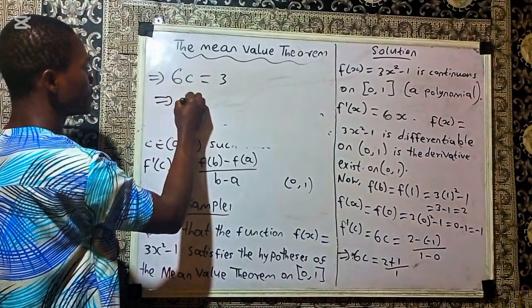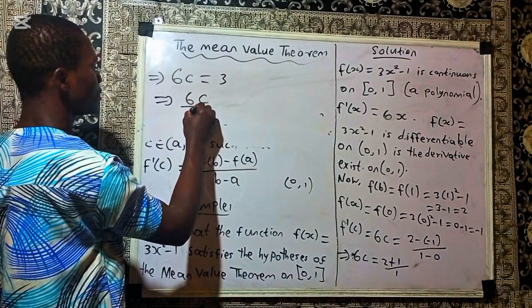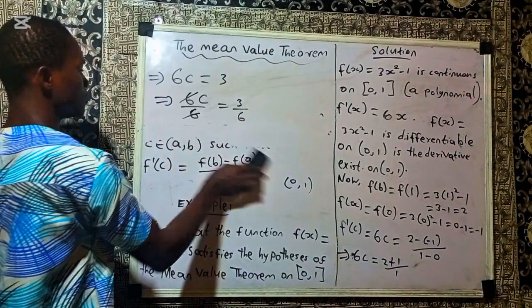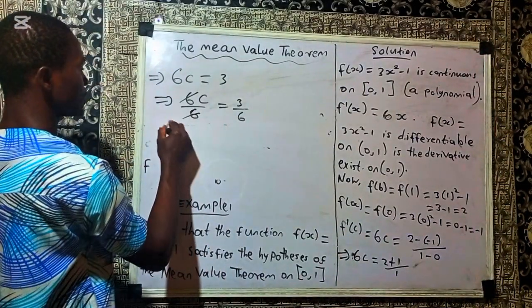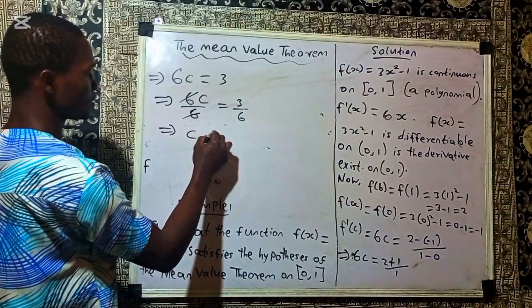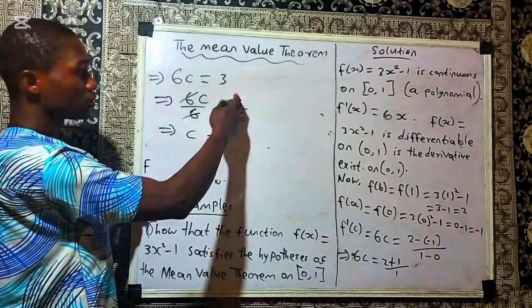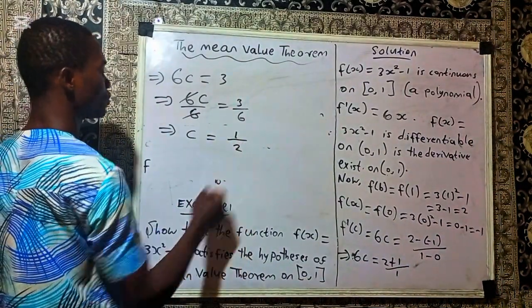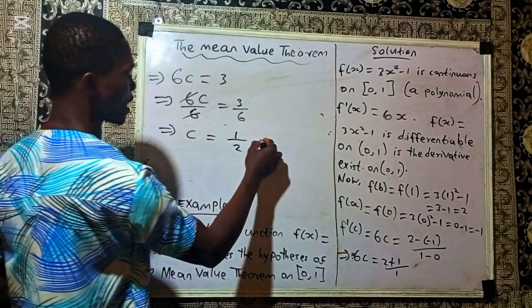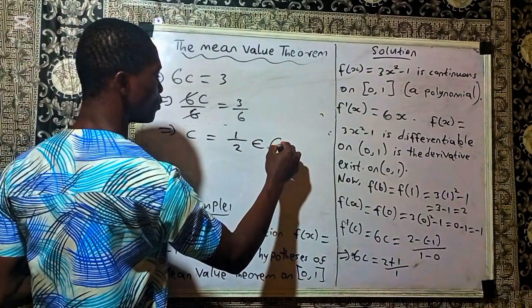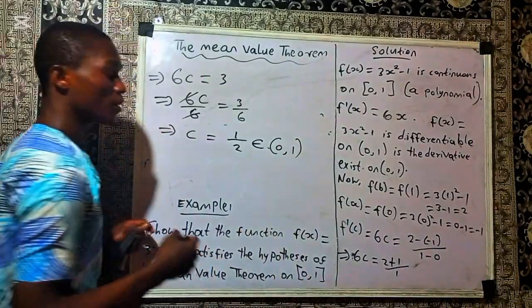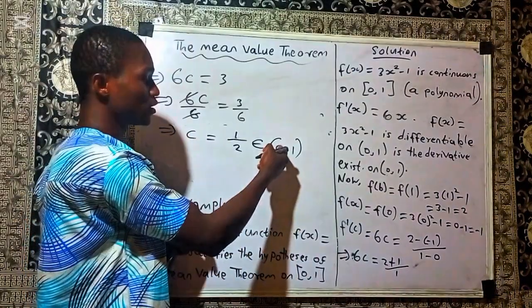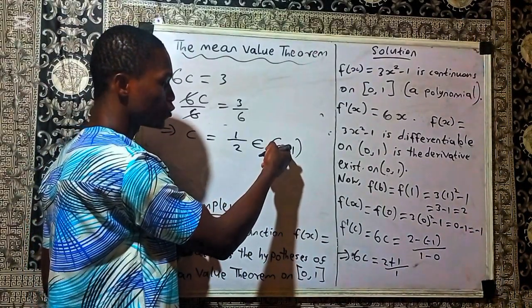So this implies 6c divided by 6 is equal to 3 divided by 6. 6 gets cancelled. Then what you have is that c is equal to 3 divided by 6. 3 can divide 3, you have 1. 3 can divide 6, you have 2. So you have a half, and this half is inside the open interval 0, 1. Right? Half is 0.5. 0.5 is a number between 0 and 1, right?